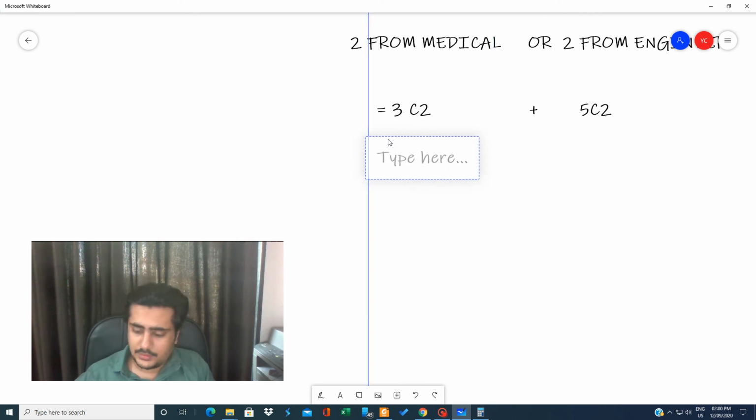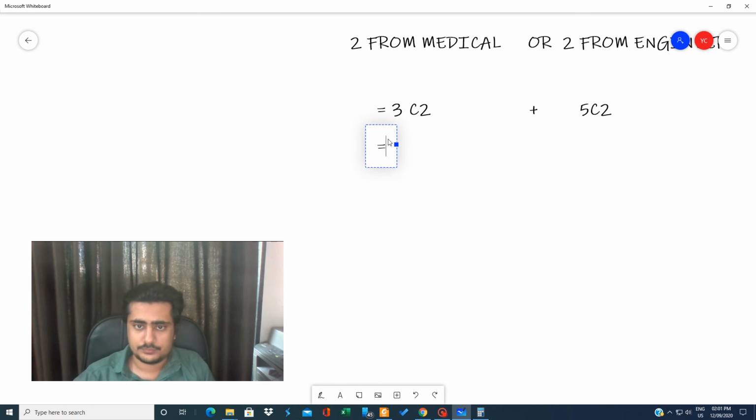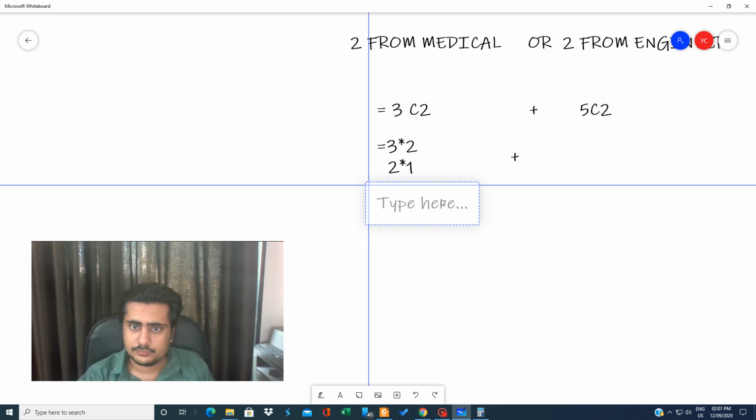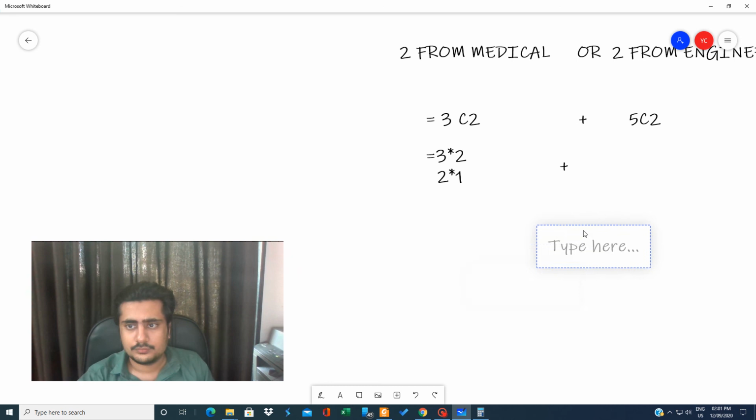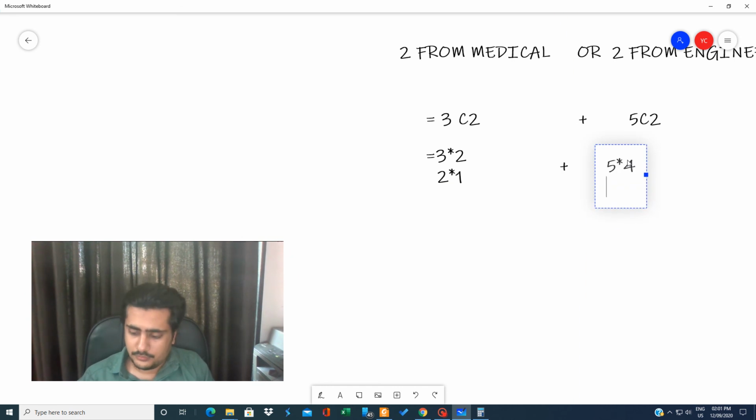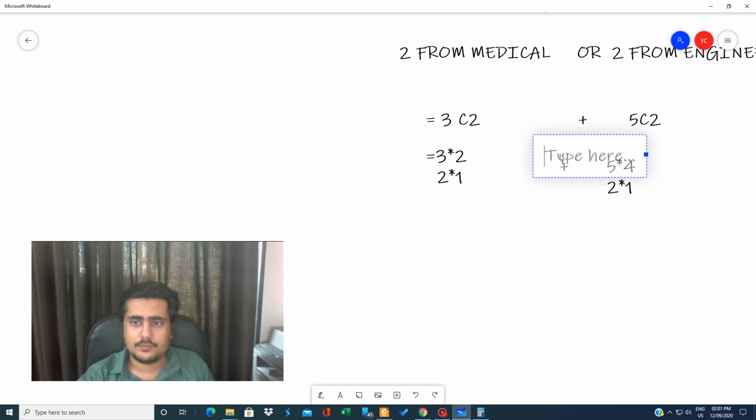If you want to solve this, 3C2 is 3 into 2 upon 2 into 1, or 5C2 is 5 into 4 upon 2 into 1.